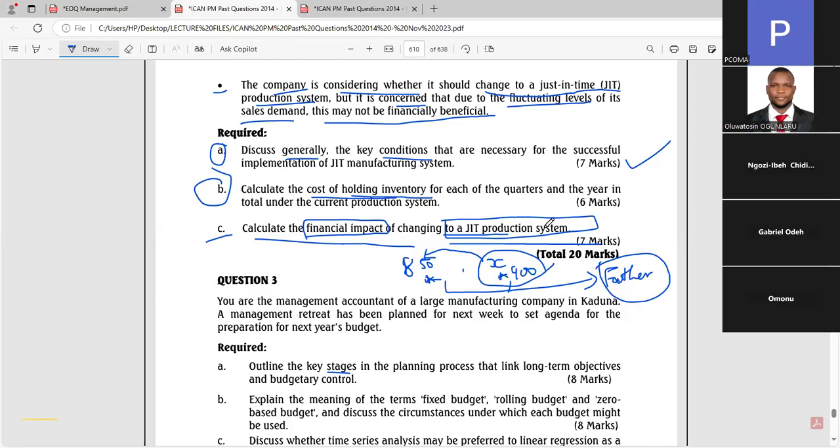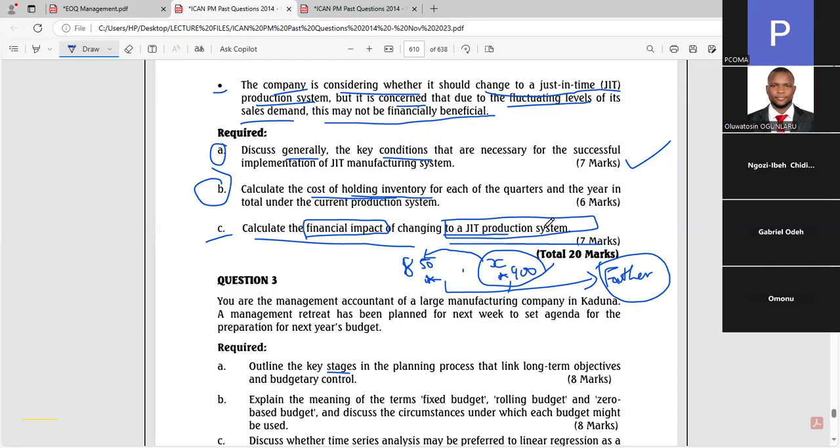So I must know what impact I am experiencing now. Then I can compare both. I can determine whether this current one is better than just-in-time or just-in-time is better than the current one. I don't know if I'm making sense. So if you have 2 jobs, 850 and 900, you cannot make comparison until you have all your facts.